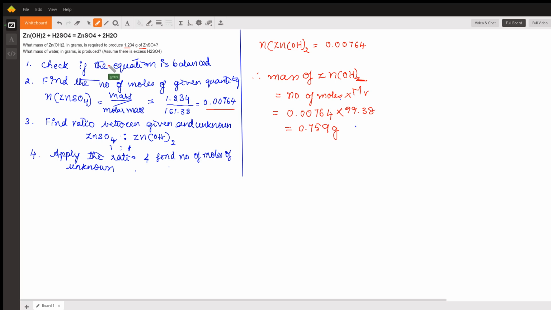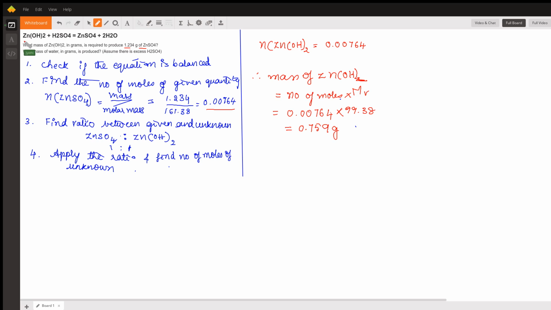The application of mole concept to chemical equations is based on the principle that in any particular reaction, the ratio in which the reactants react and the ratio in which the products are formed, or the ratio between each reactant and each product, is always going to be constant.